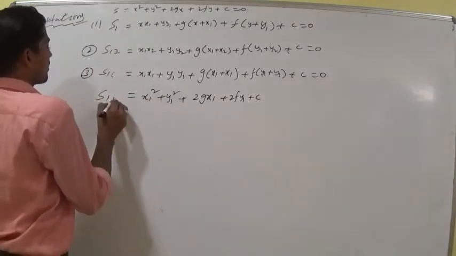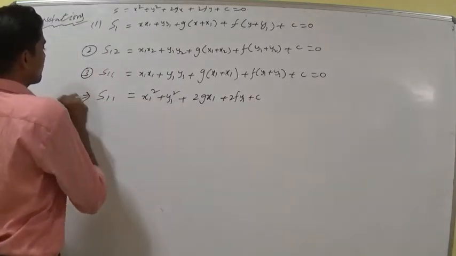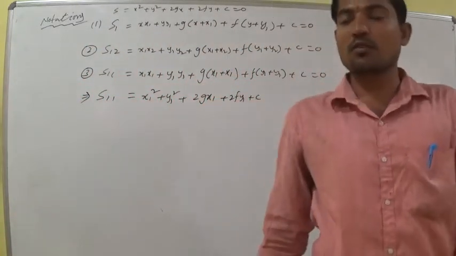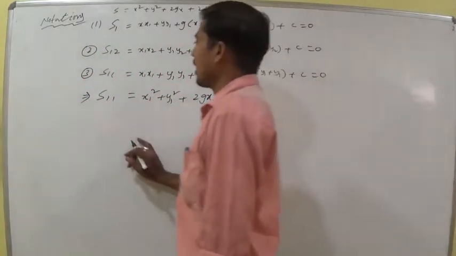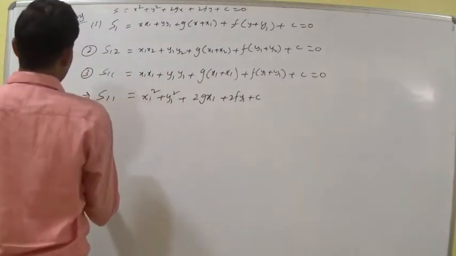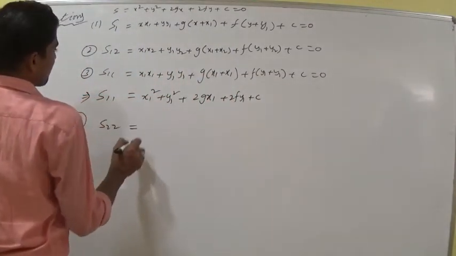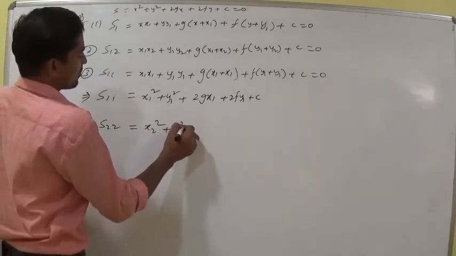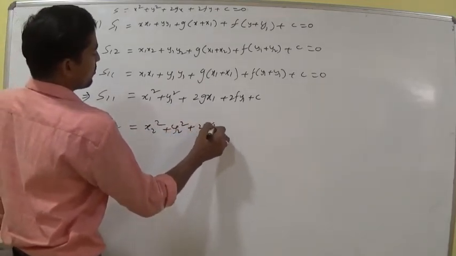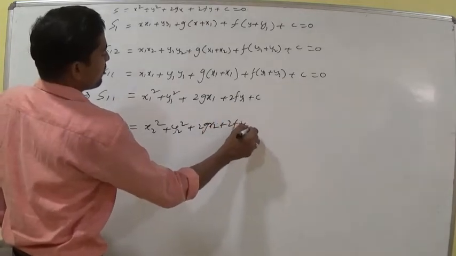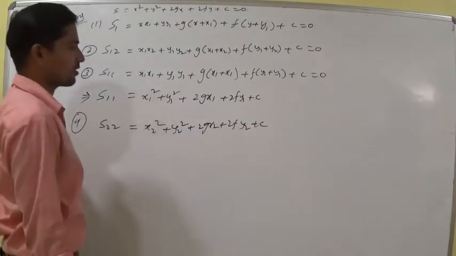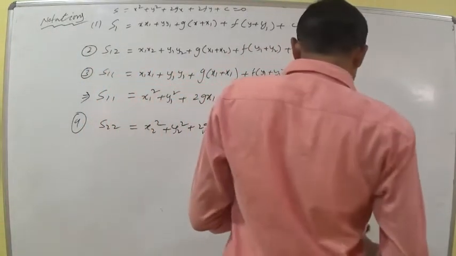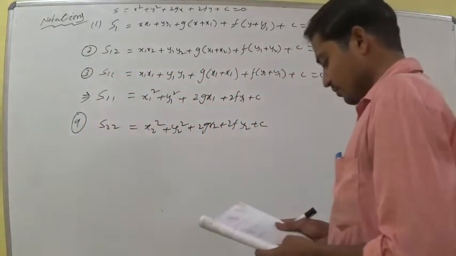So S11 = x1² + y1² + 2gx1 + 2fy1 + c = 0. And fourth one, S22 = x2² + y2² + 2gx2 + 2fy2 + c. Right? So that is about the notations.